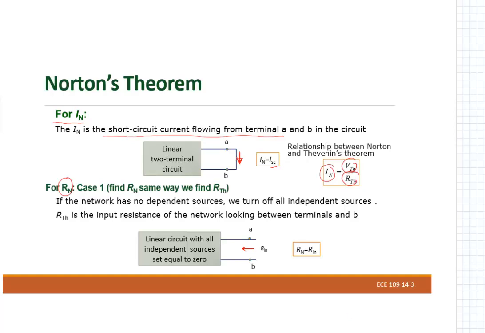Case one: if there are no dependent sources, we will turn off all the independent sources. Then we're gonna look from the load side and find the total resistance value, which is RN, or the same thing, equal to RTH also.